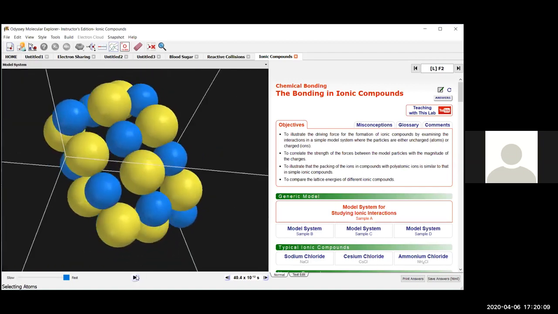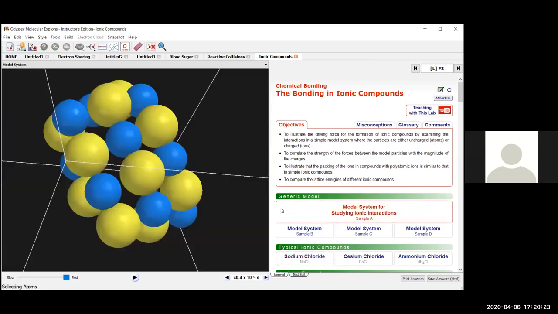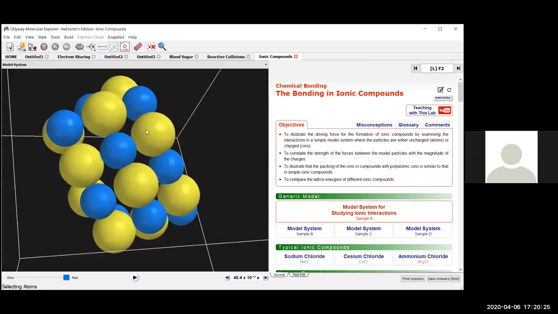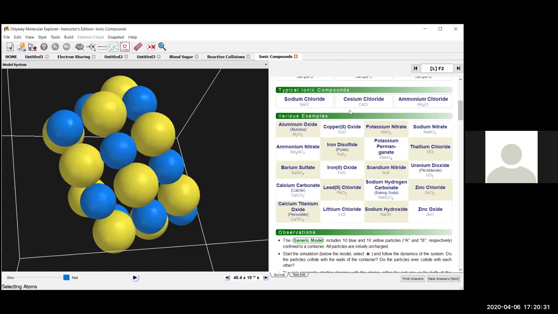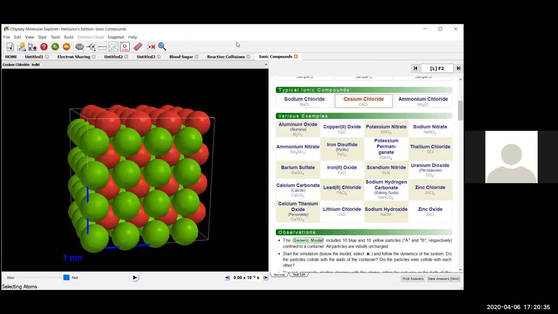If I stop that, and compare this with sodium chloride, you see here this is the perfect model, and here I'm generating the same model on the fly. Here is sodium chloride, cesium chloride, and ammonium chloride, sort of basic structures.